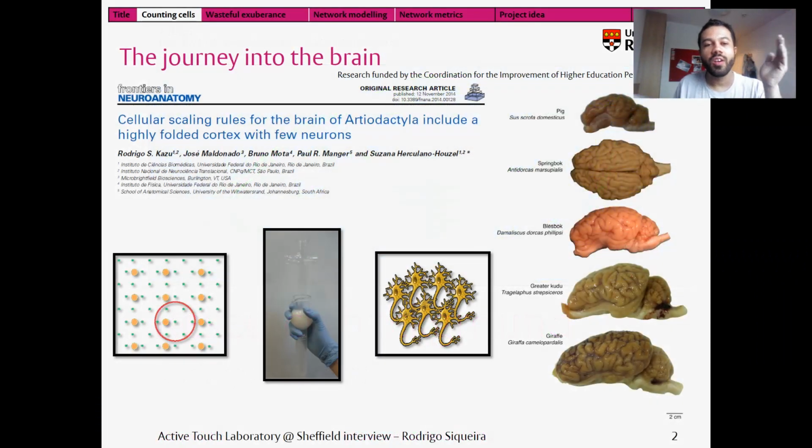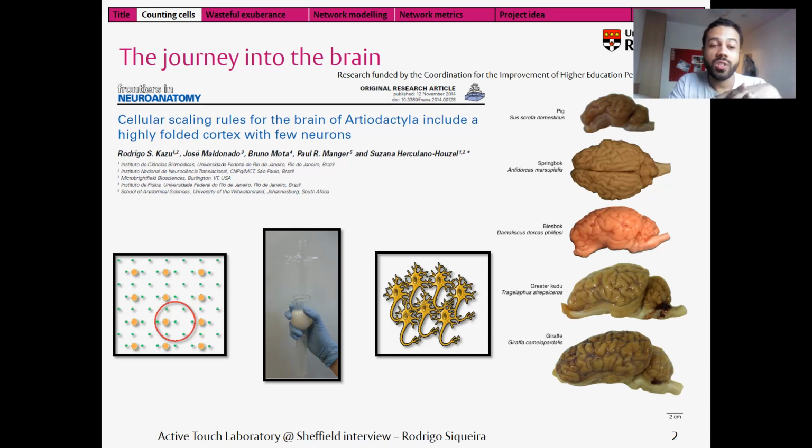So I started my career in neuroscience on the Comparative Neuroanatomy Laboratory. It was a laboratory that studied the brains of various mammals, characterizing them on the cellular level, using a newly developed technique called the isotropic fractionator that would pick up these brains, dissolve them in detergent, and assuming that cells have one nucleus and one nucleus only, you would have a suspension of nuclei after you dissociate them in a tissue grinder.